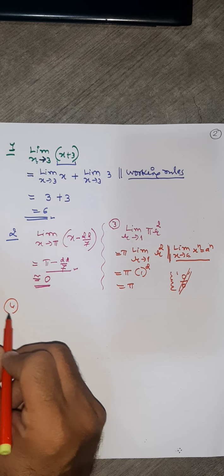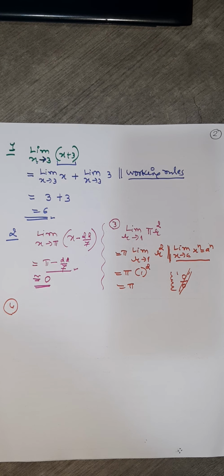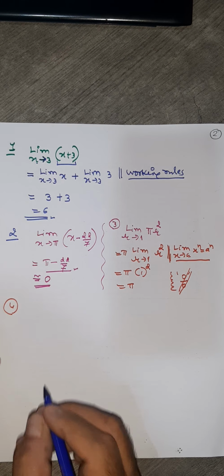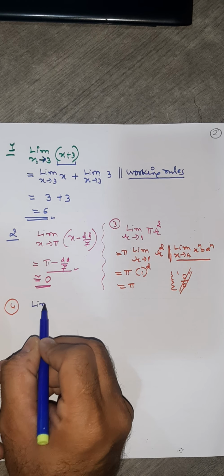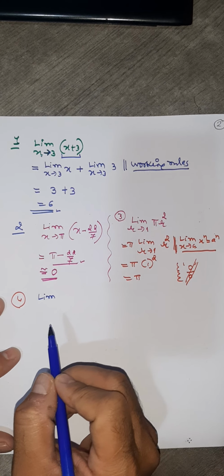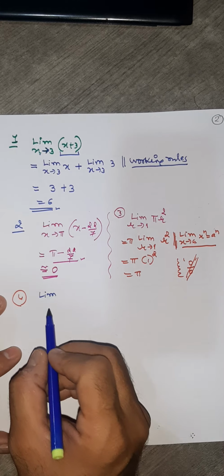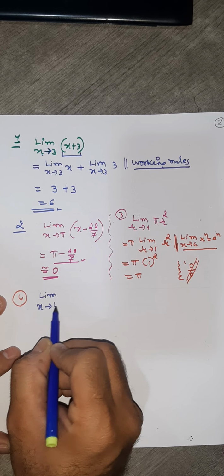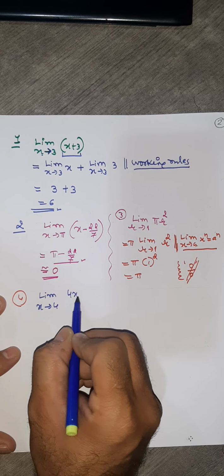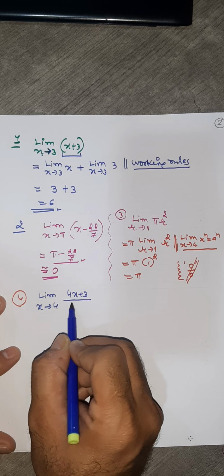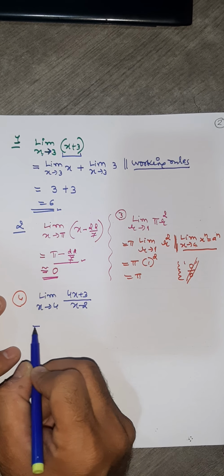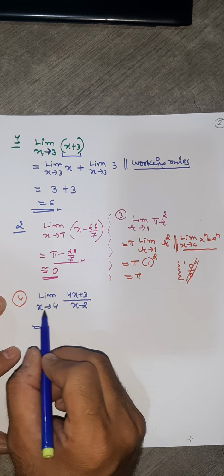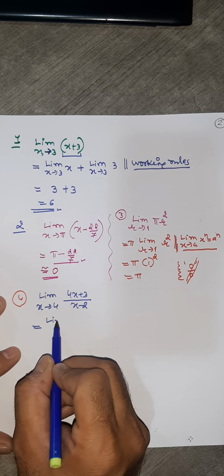Fourth question. Question number 4 here. That's a polynomial upon polynomial form. Limit, what we have here? X tends to 4, 4x plus 3 upon x minus 2. So we apply the limit to the numerator as well as the denominator.